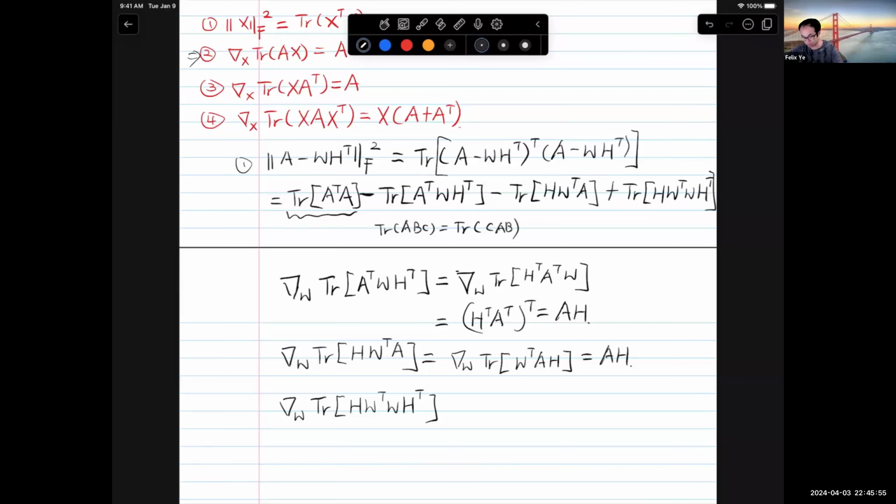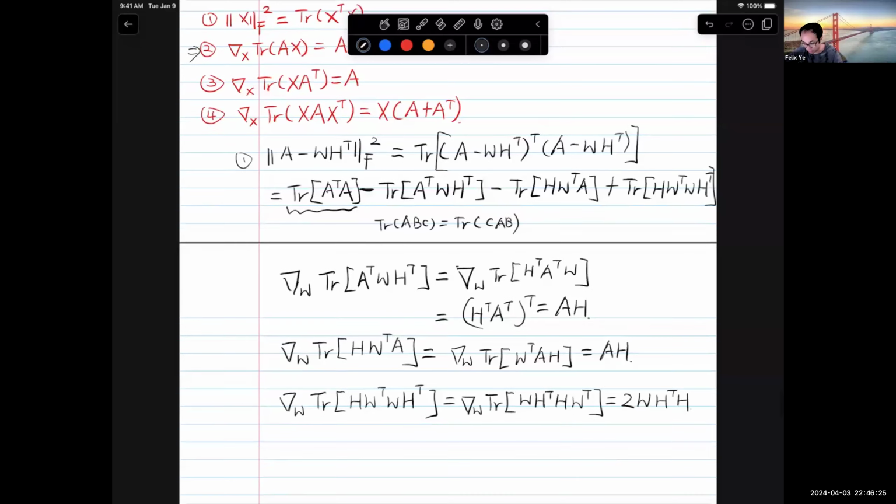Again, we do these rotations of the trace of WH transpose HW transpose to WH transpose H. Okay, so this is that.